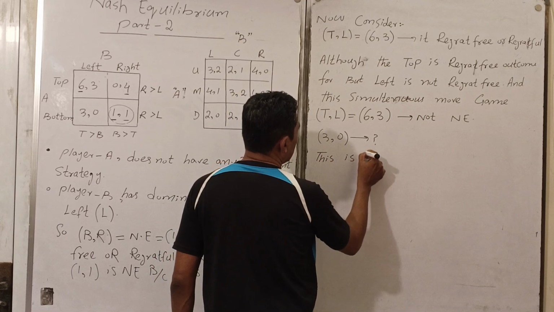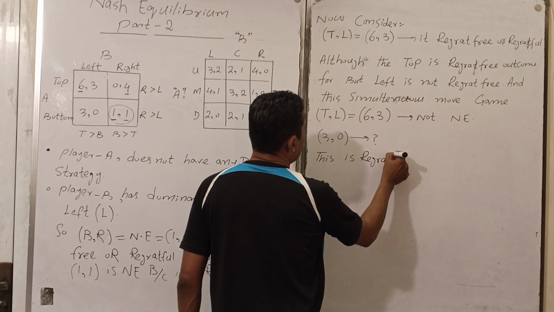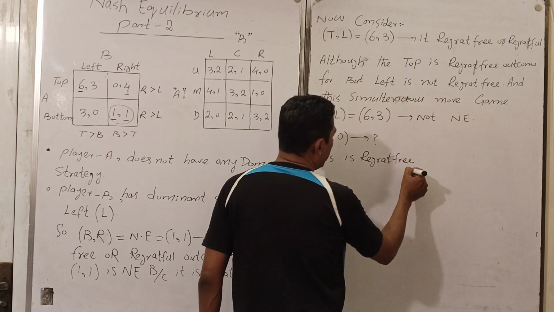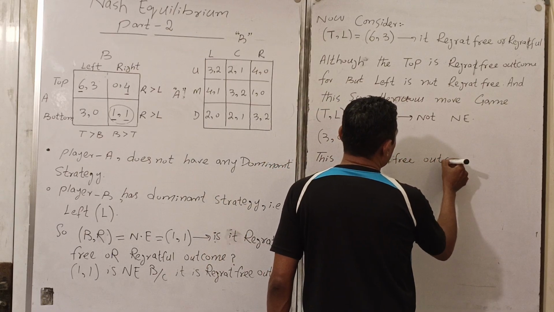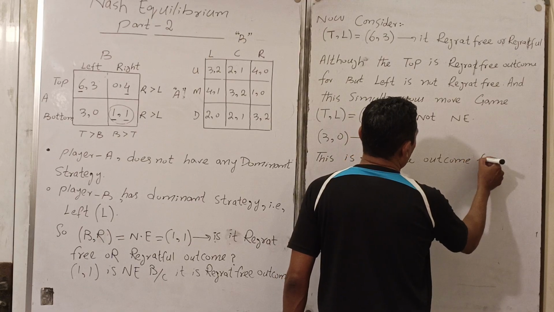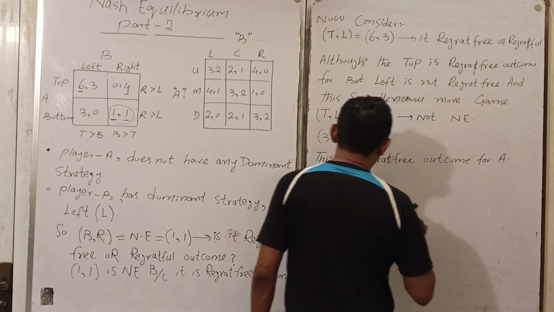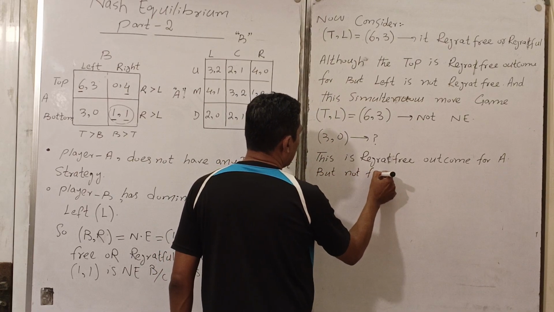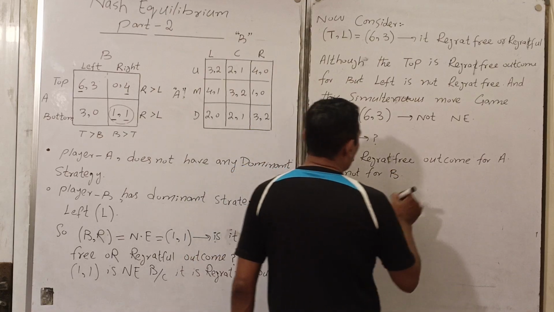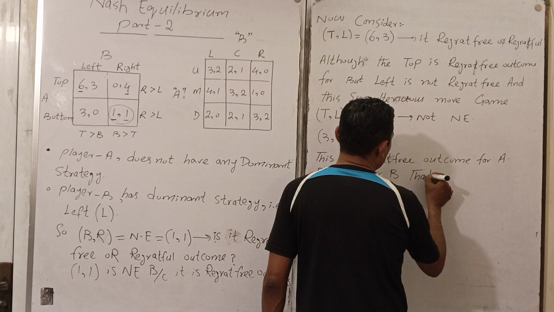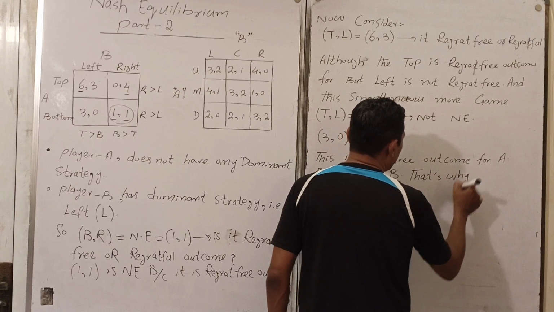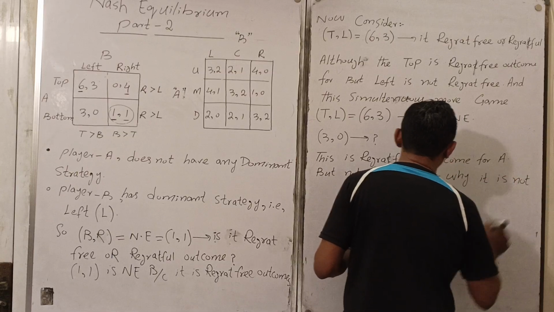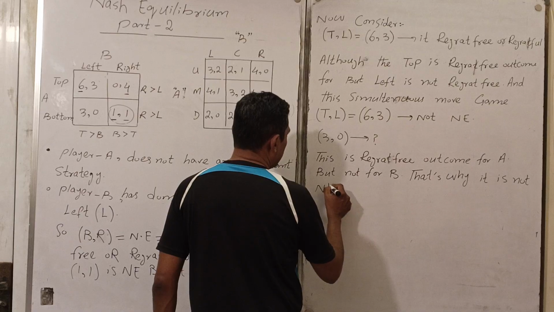this is regret free outcome for A, but not for B. That's why it is not Nash equilibrium.